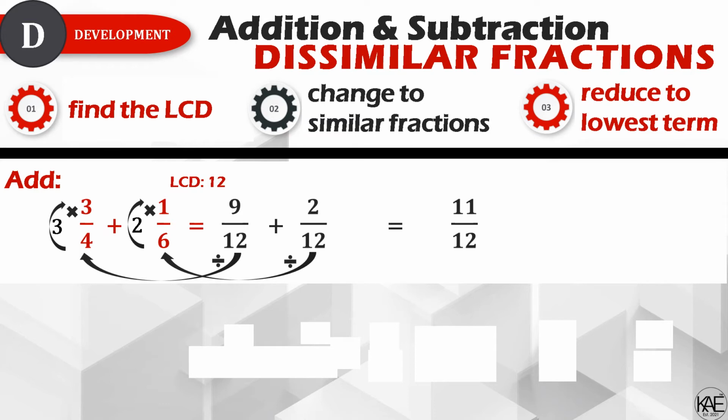Since they do not have a GCF greater than 1, then it is already in its simplest form. Therefore, 3/4 plus 1/6 is equivalent to 11/12.